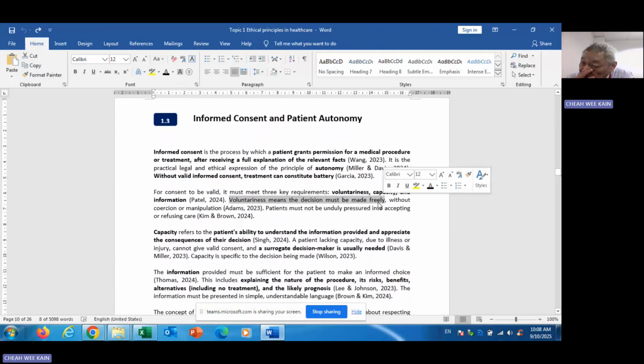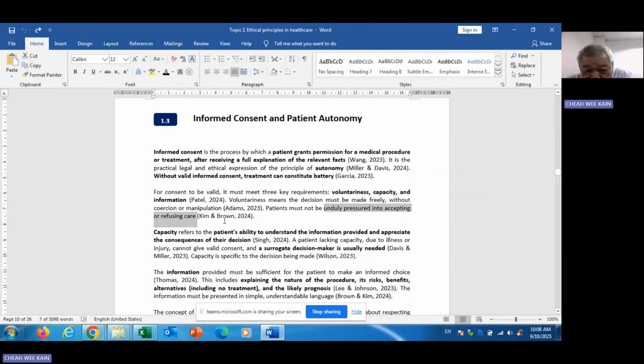If you, the doctor, create panic in the patient, then the patient's consent will not be voluntary. It becomes involuntary, caused by you creating panic in them. So the patient must not be unduly pressured into accepting or refusing care.